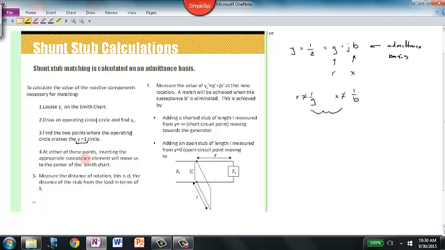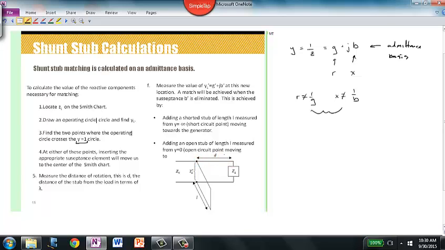At either of these admittance points, if we insert the appropriate susceptance value, it will move us to the center of the Smith chart. So we're just trying to cancel out this susceptance value. That takes 2 steps. The first is to measure the distance of rotation along the operating circle. This is, again, D, the distance of the stub from the load in terms of lambda.